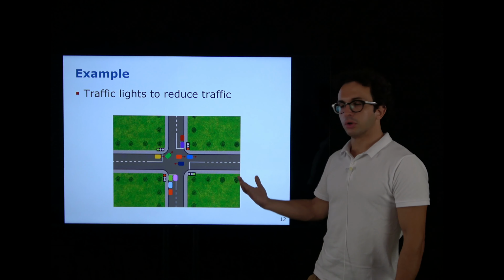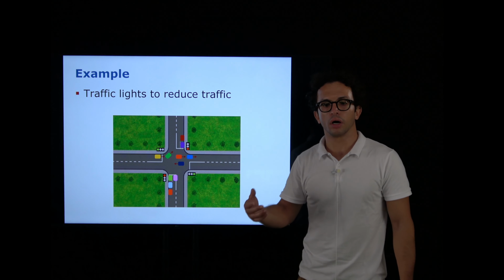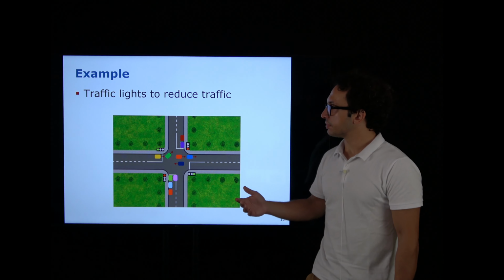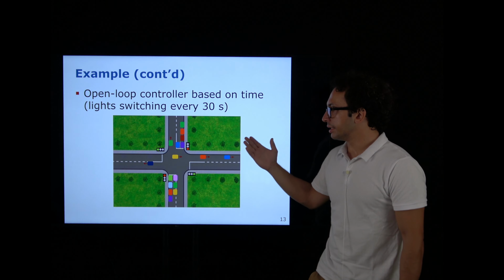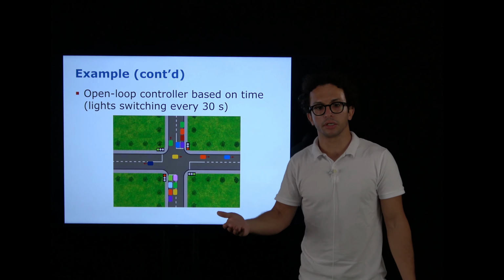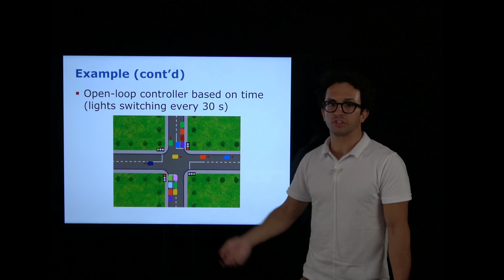And now the open loop controller, so this thing with no feedback from the system itself, you can imagine as something like the traffic lights. They don't care about how many cars are there, but they just switch every 30 seconds.